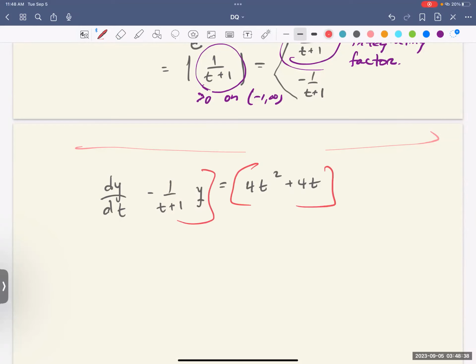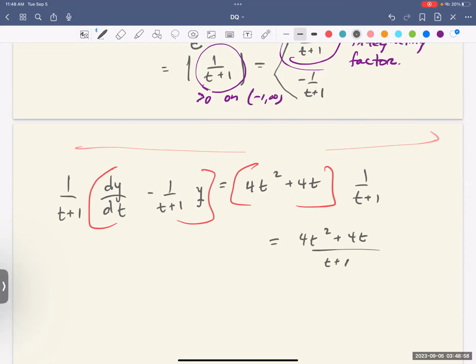Right side, left side, integrating factor 1 over t plus 1. On the right side, let's multiply those in. That's 4t squared plus 4t over t plus 1.